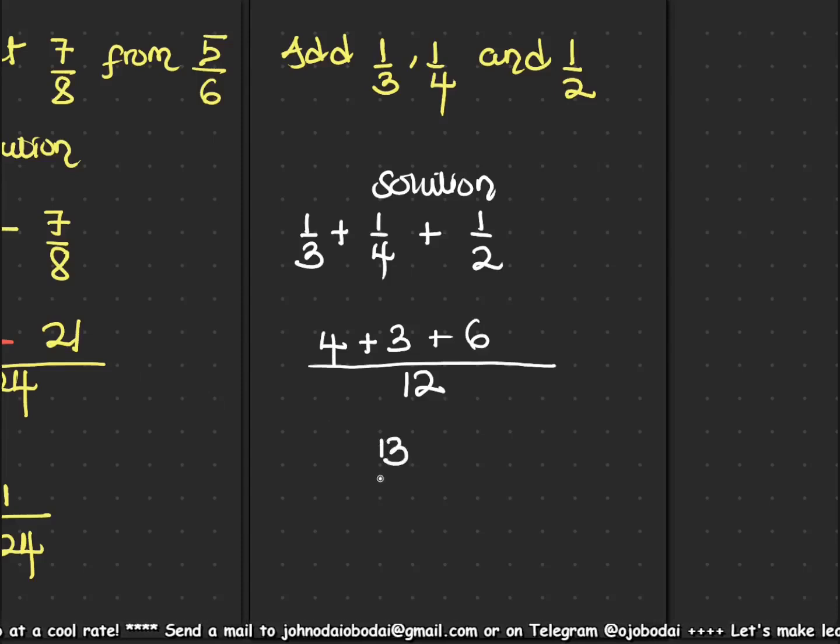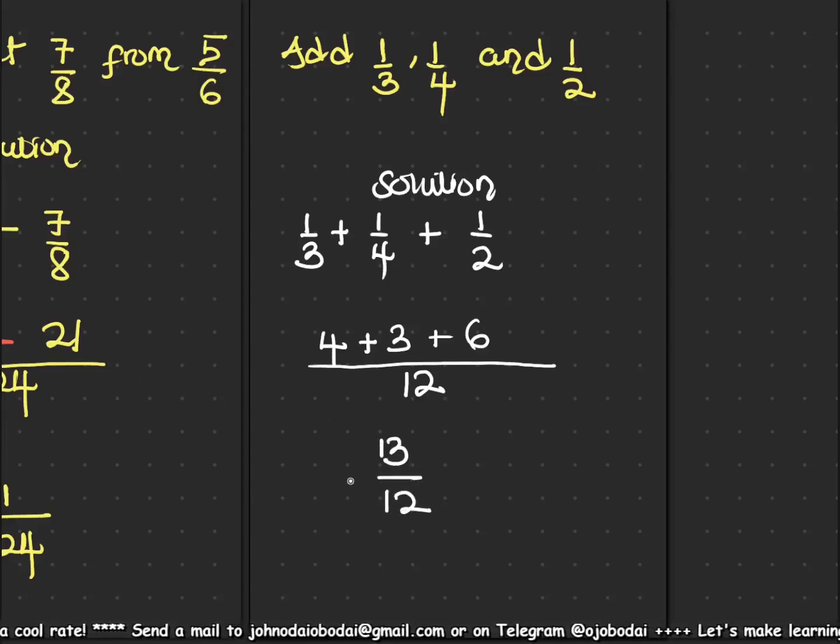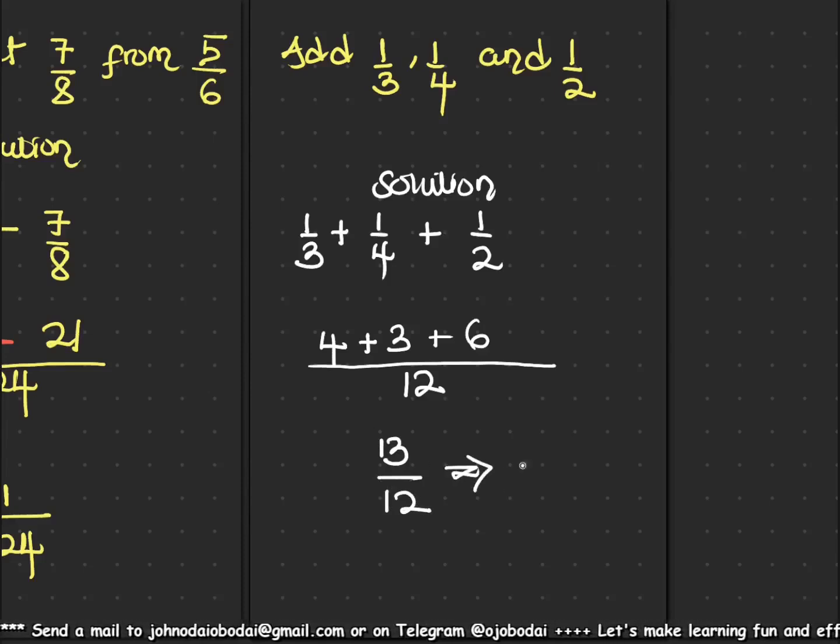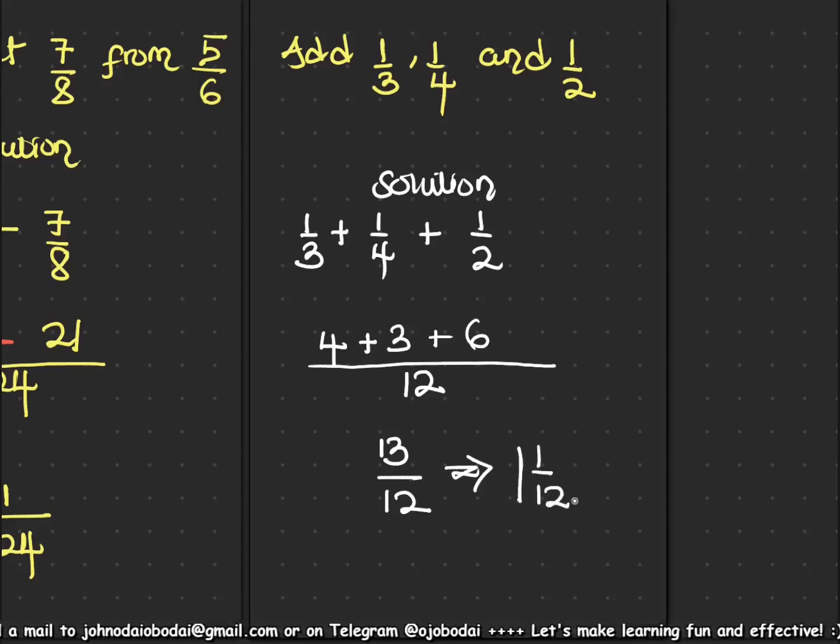So we have 13 over 12. 13 over 12 in mixed fraction, we know gives us what? One whole number, 1 over 12. Right? So this here is our result when we perform these operations.